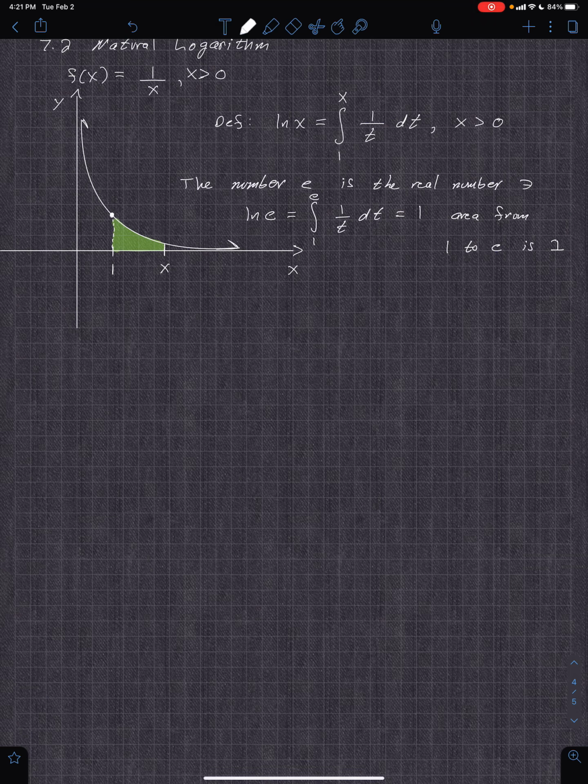And so we know what that is, right? That's 2.71828. Let me look that up. Drawing a blank. Usually I know those all by heart.